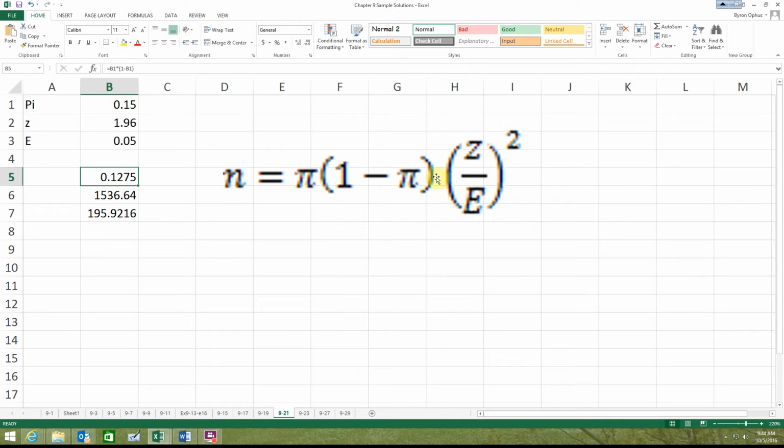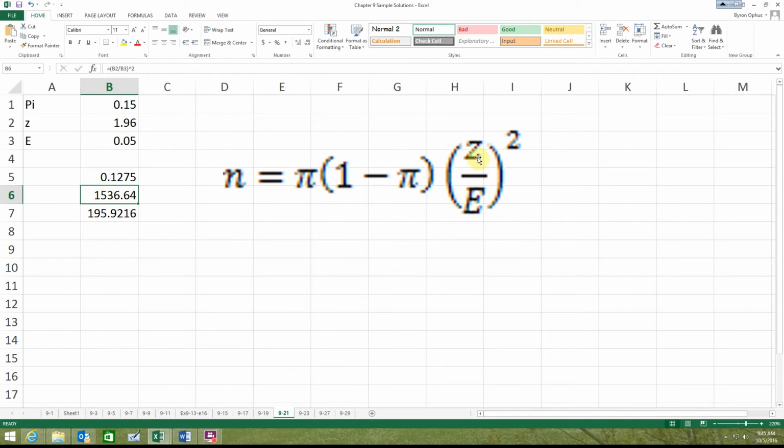So I'll do the proportion times 1 minus the proportion, which is my proportion, or my pi, times 1 minus pi. That equals 0.1275. Then I'll do my z divided by my e.